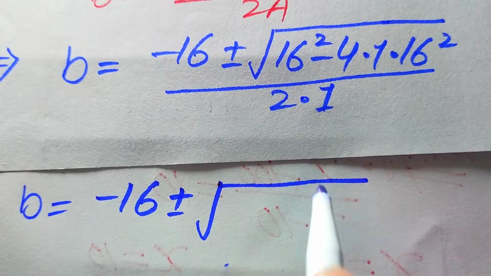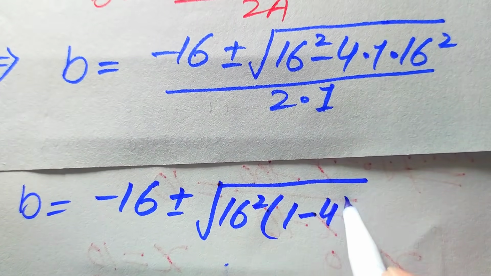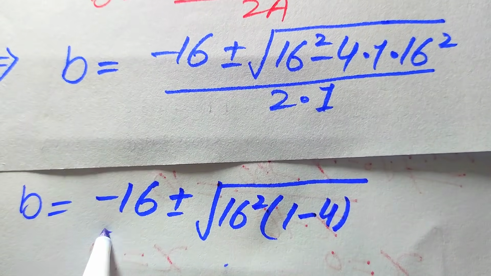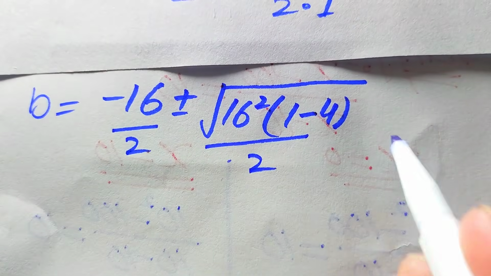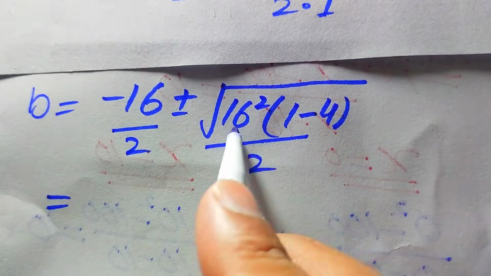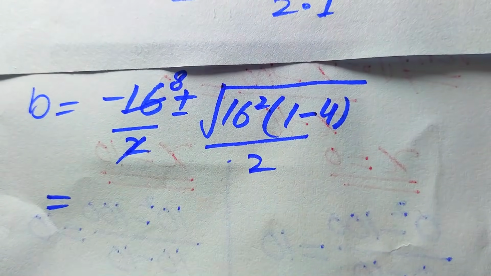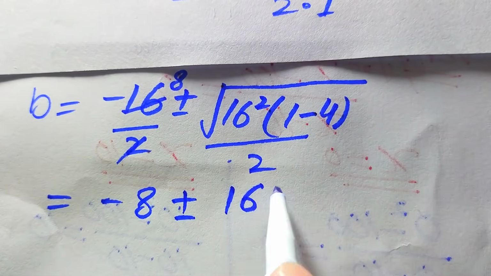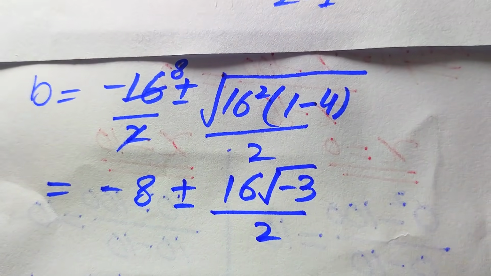Inside the square root sign we have 16 squared as a common value, and the remaining values are 1 minus 4. Here we break this fraction and write these separately. When we apply the square root separately on both of these values, we get 2 times 8 becomes 16, and we get minus 8 plus minus 16 times square root of minus 3 divided by 2.